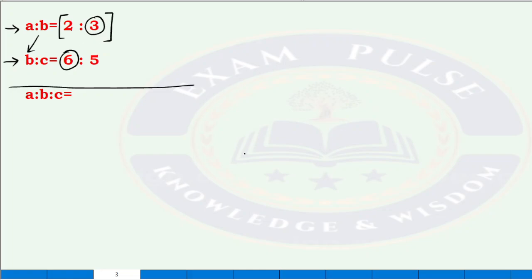We have the basic property of the ratio. What is that ratio property?